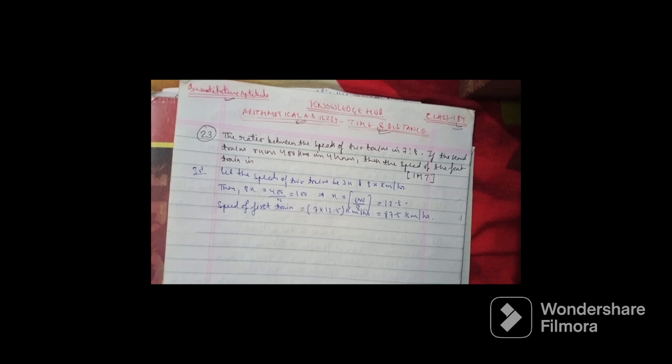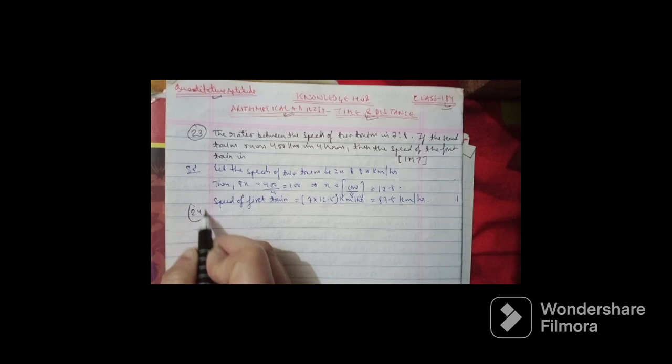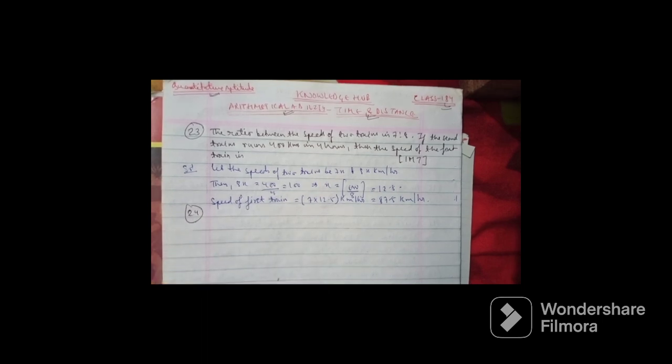So we have as follows, the 24th question of the session. A train travels at an average of 50 miles per hour for 1/2 hours and then travels at a speed of 70 miles per hour for 1/2 hour.